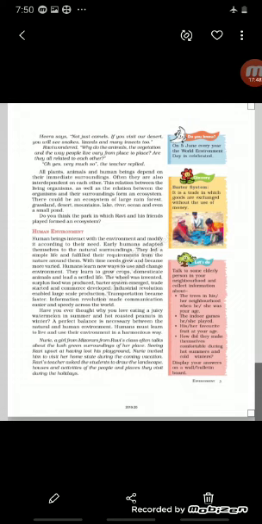We celebrate Environment Day by planting more and more trees. Okay, the best way to celebrate World Environment Day is to plant more and more trees, because we have to save this beautiful planet.